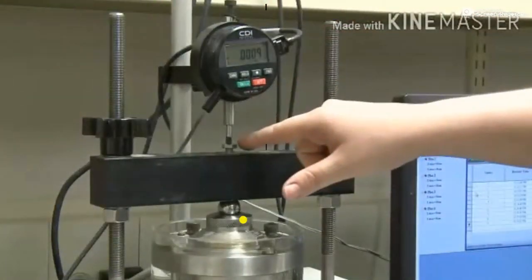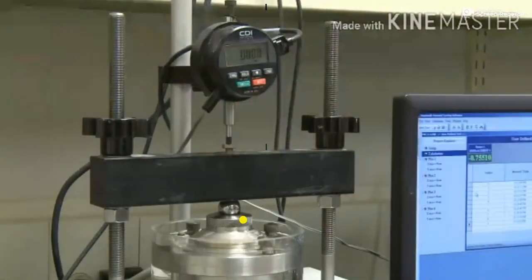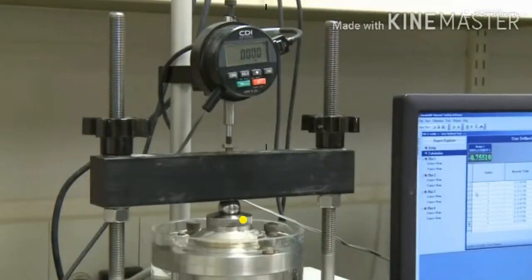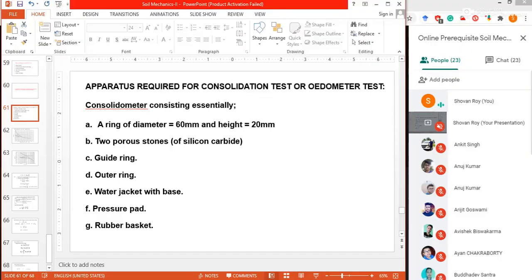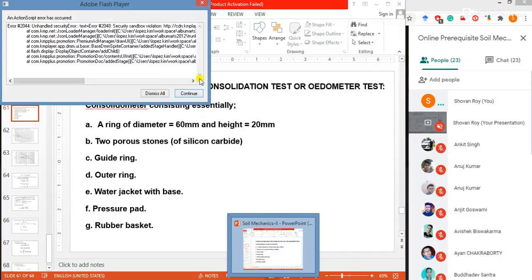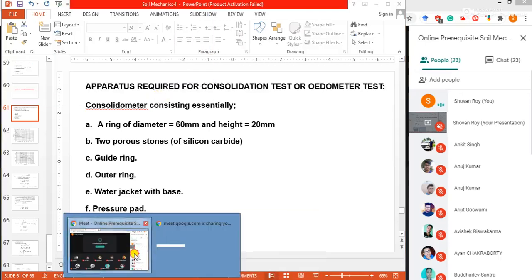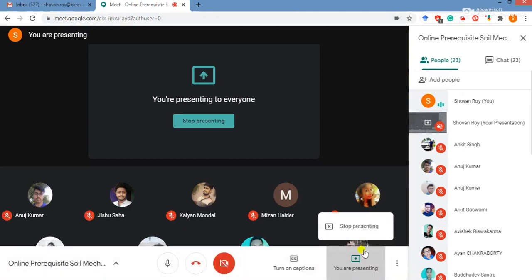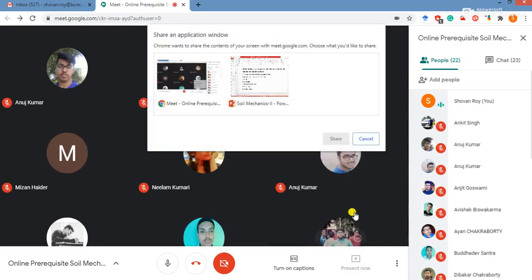This is a digital dial gauge, but we have the mechanical dial gauge, and we can measure the settlement of the soil when we apply the load on the sample. It will give us the settlement reading. So I think from this video you have some idea how we can perform a consolidation test. Again we'll come back to our PPT.